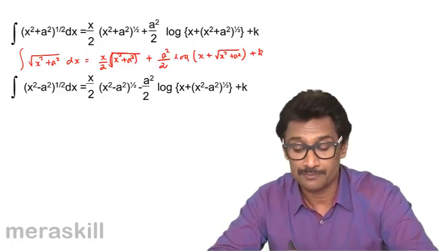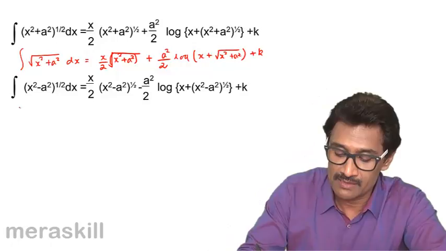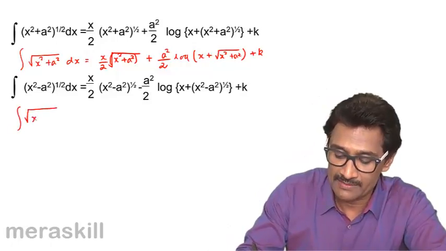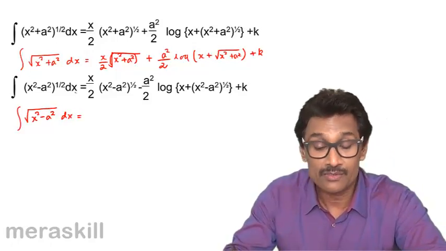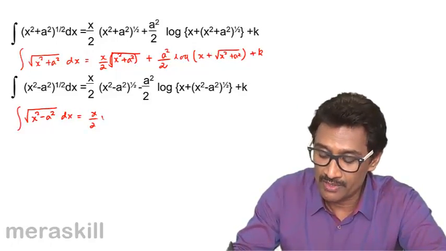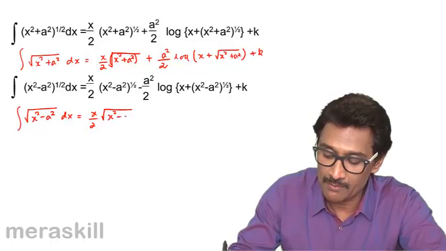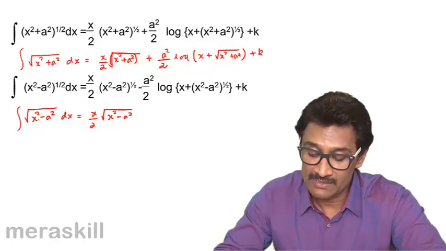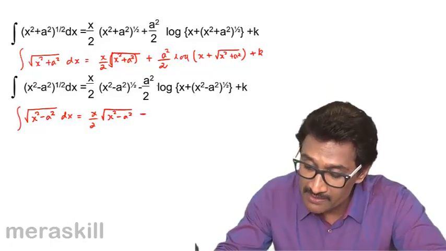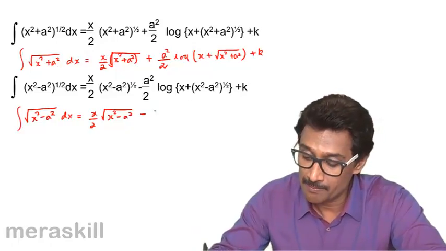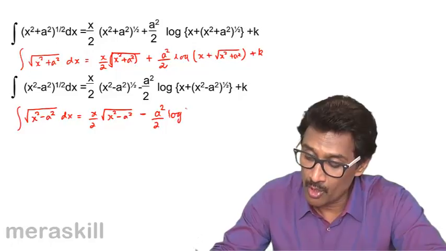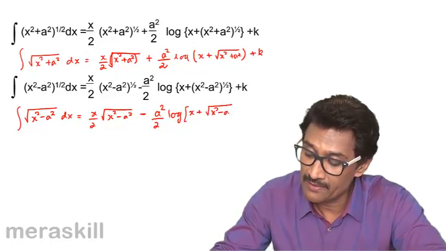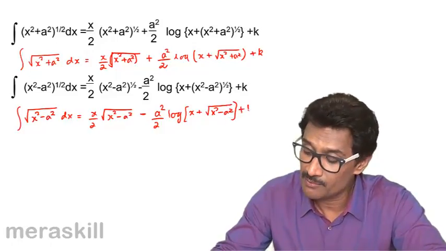Much the same way, root x square minus a square dx is going to be x by 2 into root x square minus a square. And since this is minus, you put here minus. The previous one was plus, here plus. A square by 2 log x plus root x square minus a square plus k.